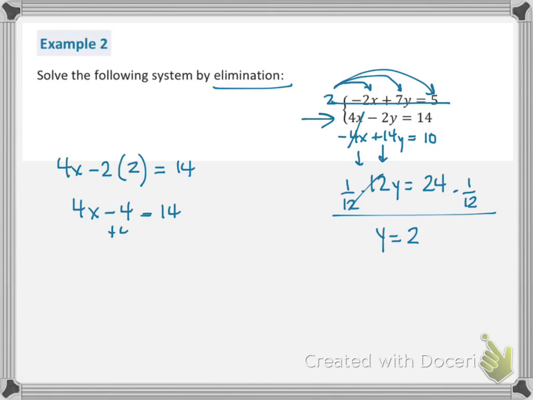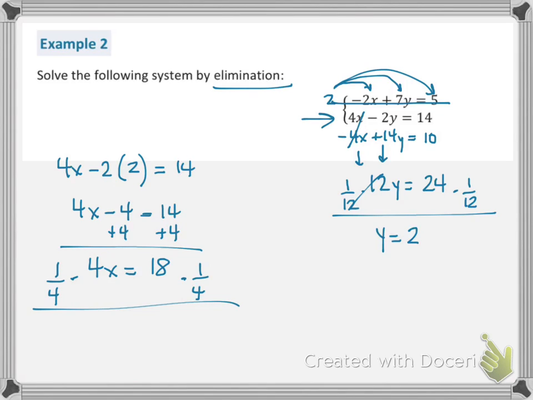I'm going to add 4 to both sides. 4x equals 18, multiplied by the reciprocal, and the 4's cancel. X is equal to 18/4, which would be 9/2. So my ordered pair, the x value is 9/2. The y value is 2.